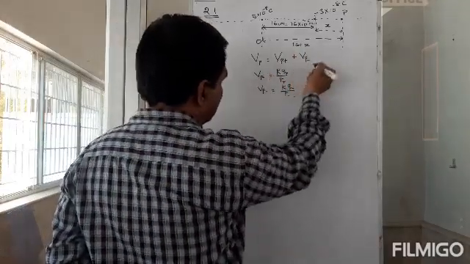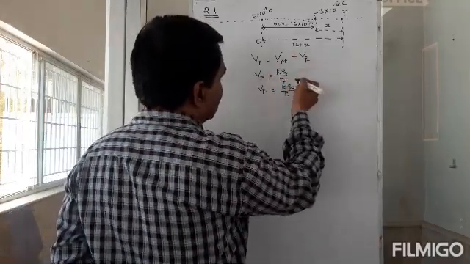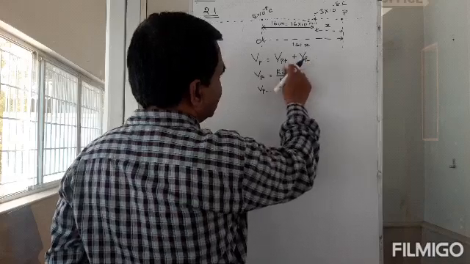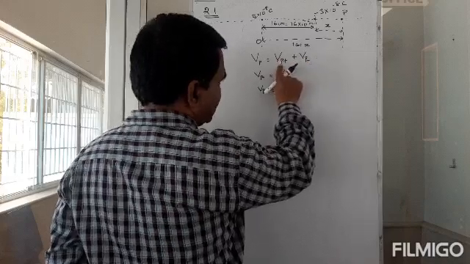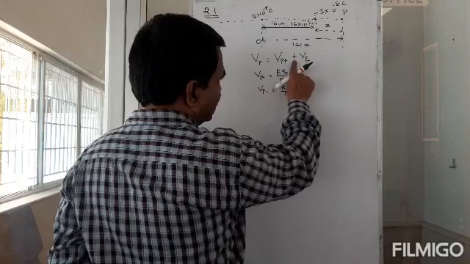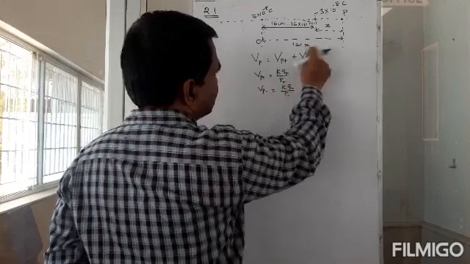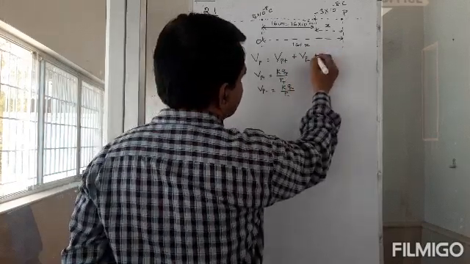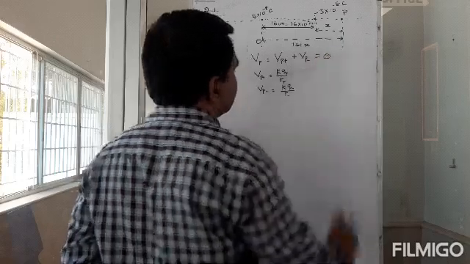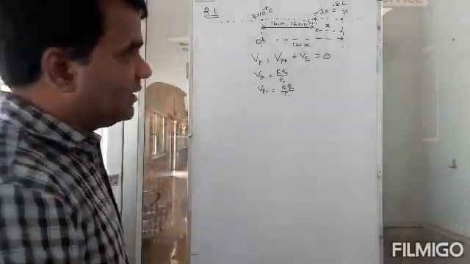So because Vp minus is negative and Vp plus is positive, Vp plus plus the negative of Vp minus should be equal to 0. This is the condition, correct?